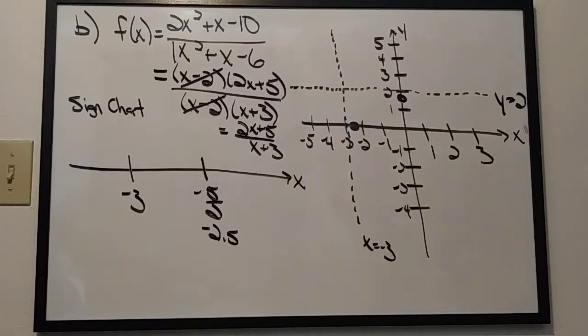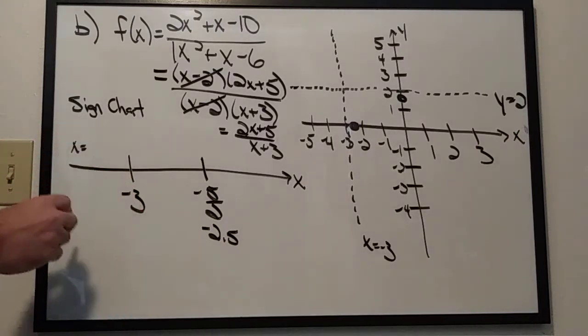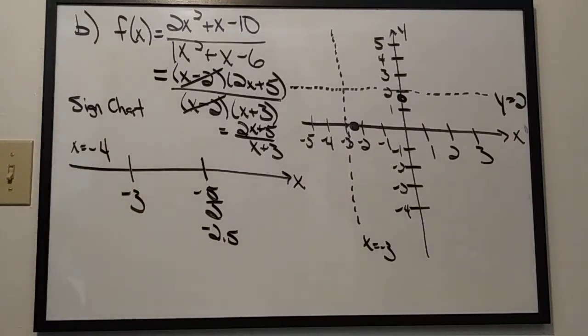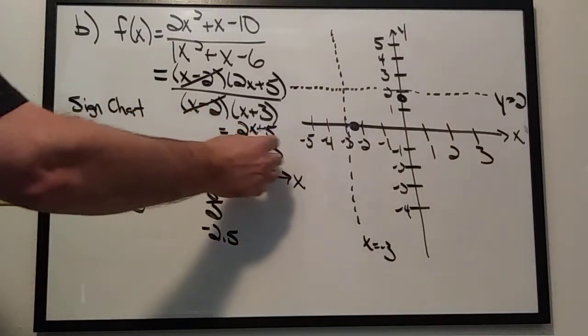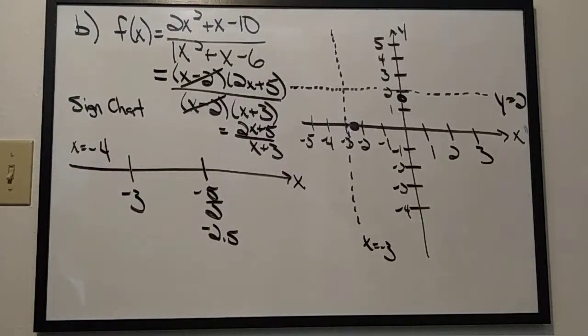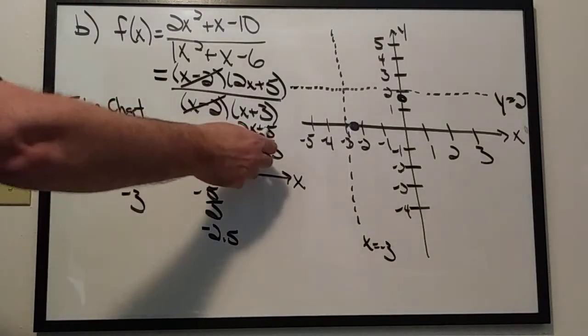So now that we have all the interesting tick marks for our new and improved f of x, I want to find what's happening in terms of the sign in each one of these regions. Let's choose an x value that lives to the left of negative 3. Negative 4 lives there. Let's see what happens when we plug a negative 4 into this function. We're going to have 2 times negative 4, that's a negative 8, plus 5.